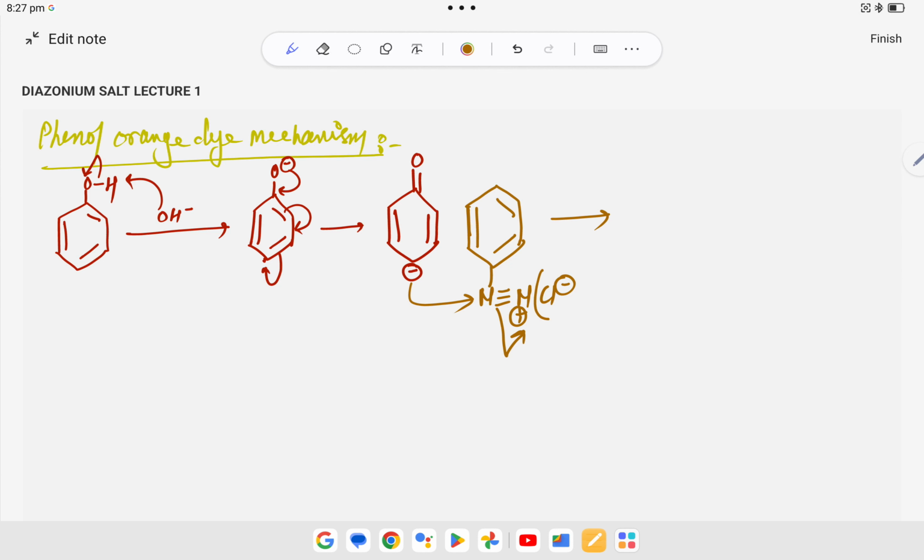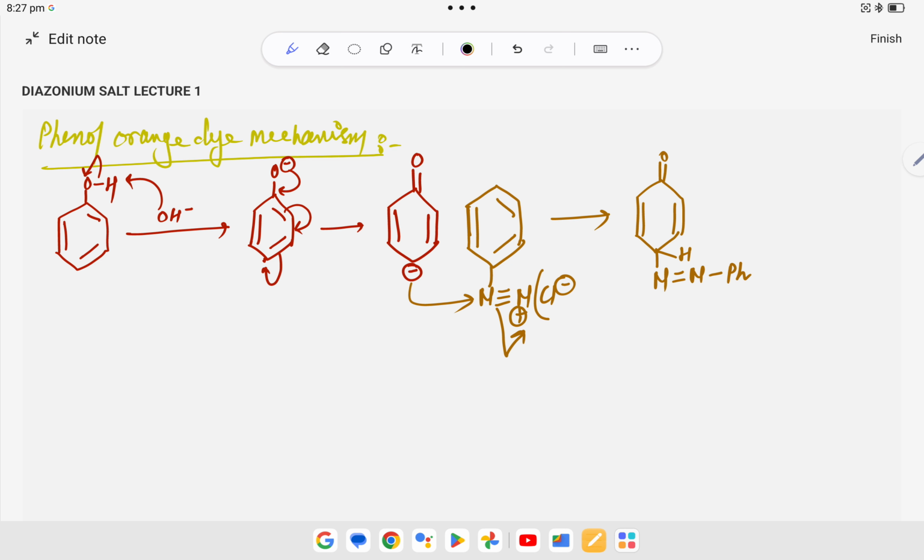So that attachment will be done, and we are getting double bond, oxygen, double bond, and here nitrogen, double bond nitrogen, and here phenol, Ph. I'm not writing that whole group, and here one hydrogen is also present.